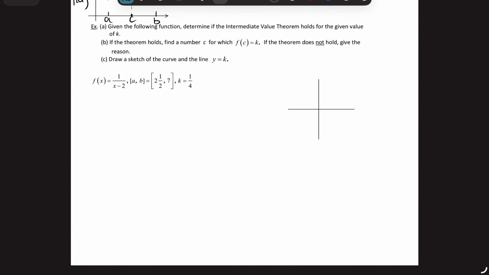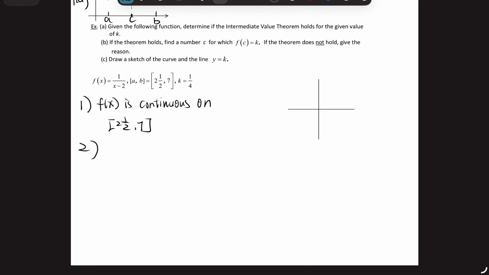First of all, we have to see if IVT is met. So first we have to see if the function is continuous. Apparently it is over the closed interval if you draw the graph. So we can say f of x is continuous on the interval 2 and 1/2 to 7.